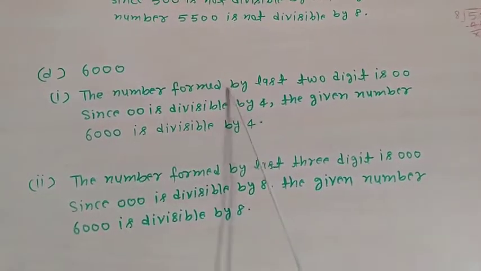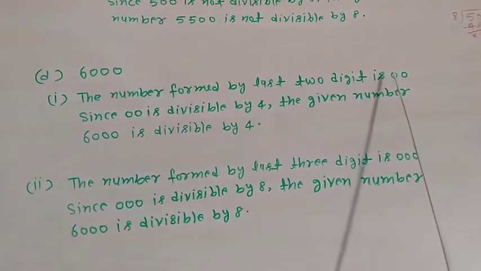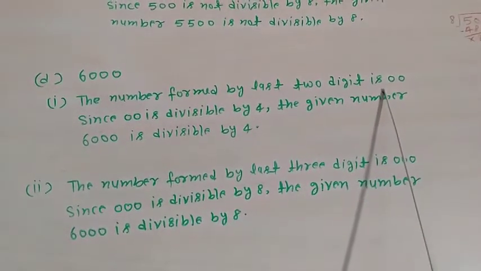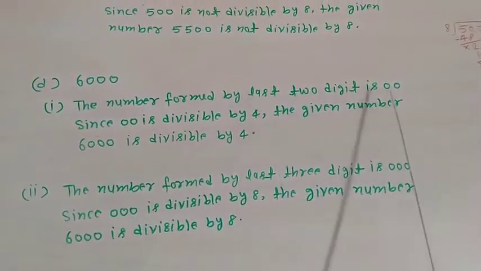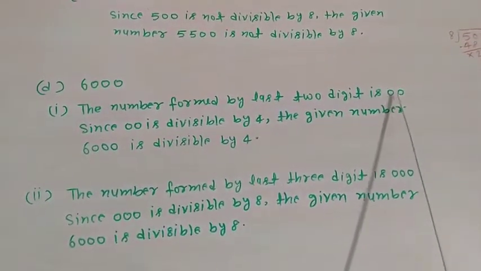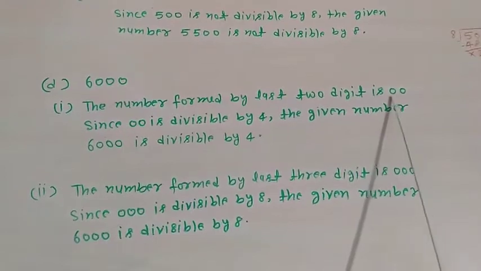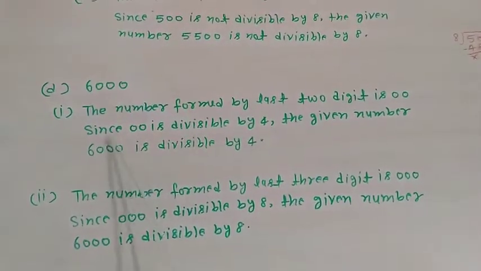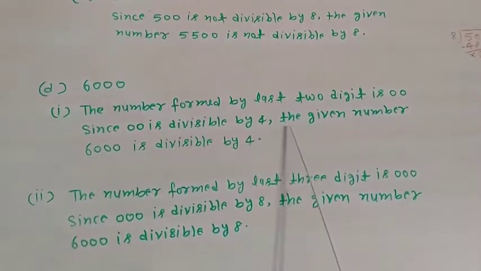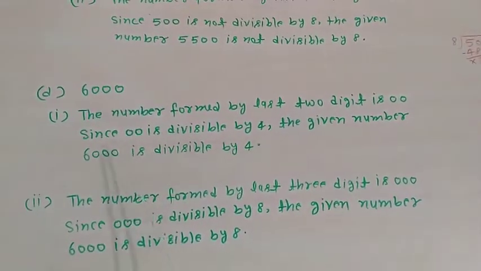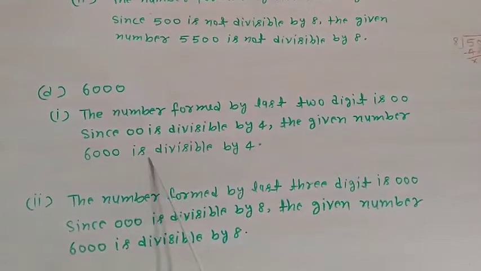The number formed by the last 2 digits is 00. Since 00 is divisible by 4, the given number 6,000 is divisible by 4.